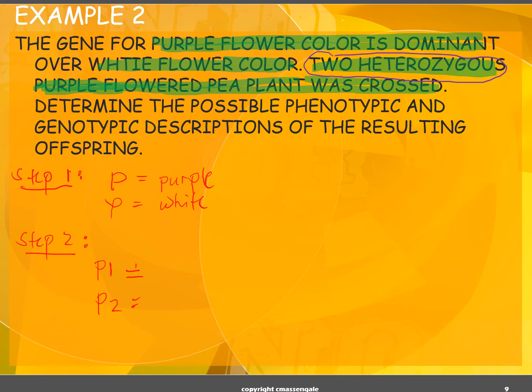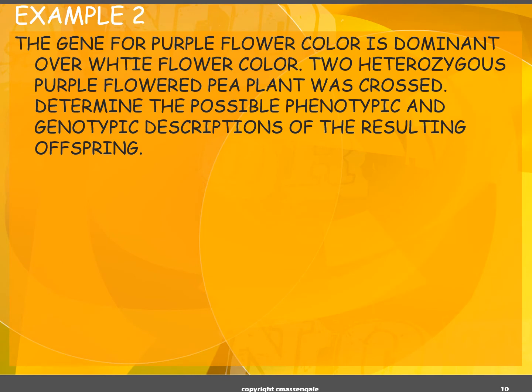So heterozygous means 1 capital and 1 small letter. So this is the genotype of parent number 1 and this is the genotype of parent number 2. So the same, heterozygous. Okay? So we're done with steps number 1 and steps number 2. Now let's proceed with steps number 3, 4, and 5.